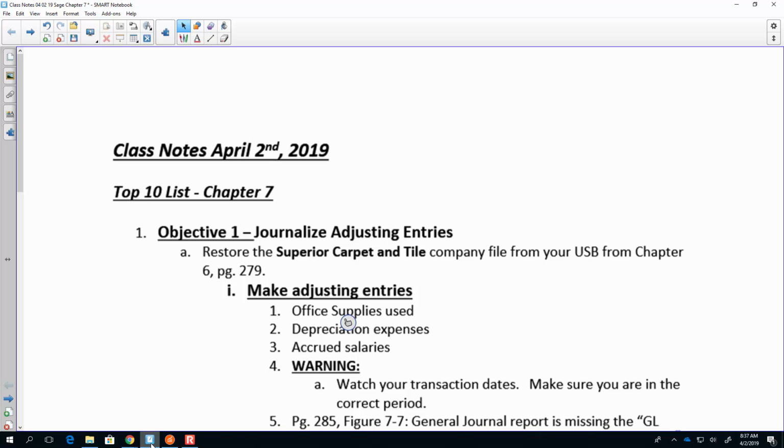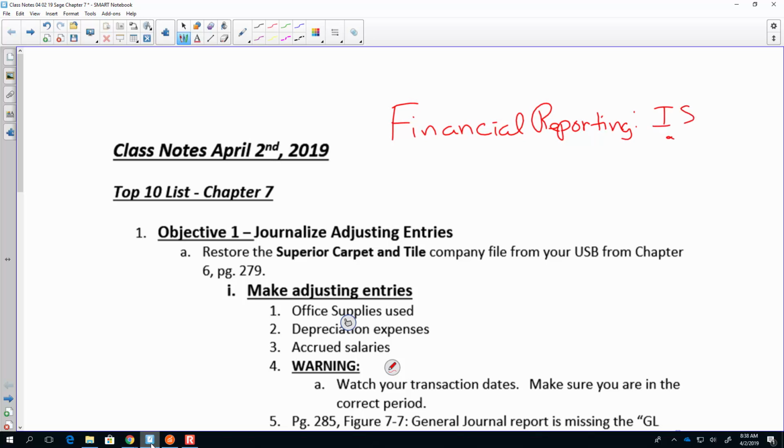But I just want to point out some things about chapter 7, because it revolves around the financial reporting, which would be the income statement and balance sheet with adjusting entries. And they're the simple adjusting entries. We're not doing a reversal entry or anything like that.